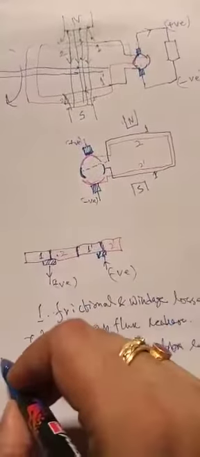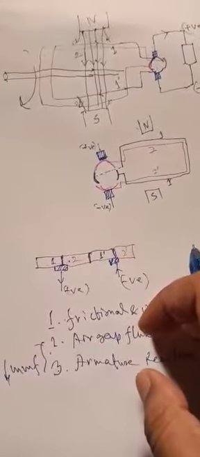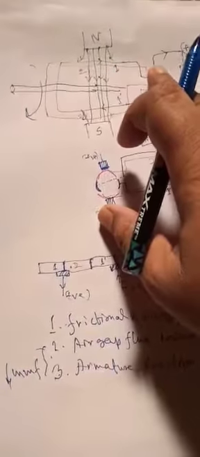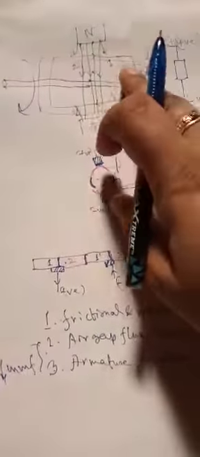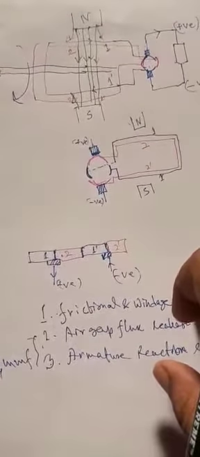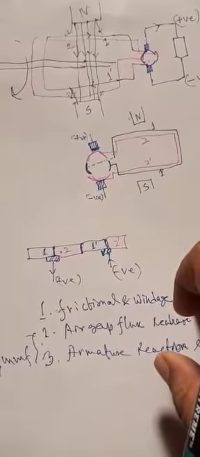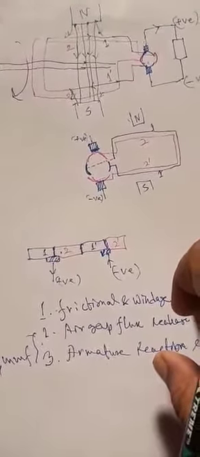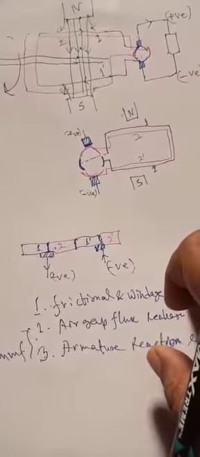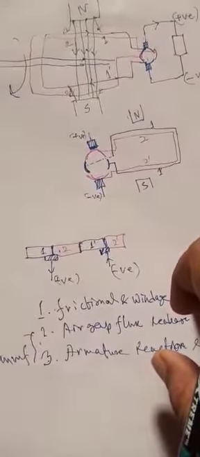Okay, and after that, when current is flowing through these armature conductors, a resistive loss, that is I squared R loss, will happen inside this armature conductor, and that will make a drop in armature voltage. That means EMF will be reduced, and that is called armature voltage drop.